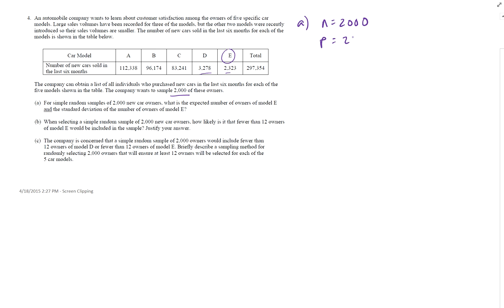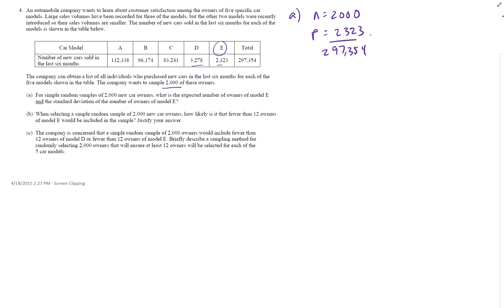Well, that's going to be 23 out of 297,354. I've got my calculator here. 23 over 297,354 is 0.0078, or 0.78%.